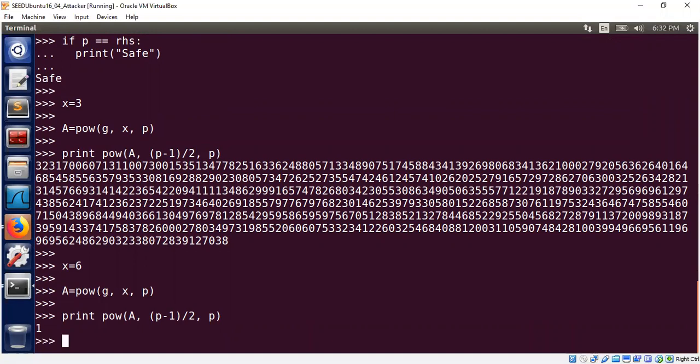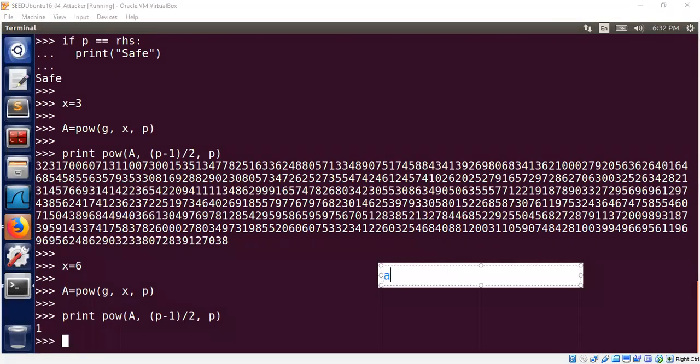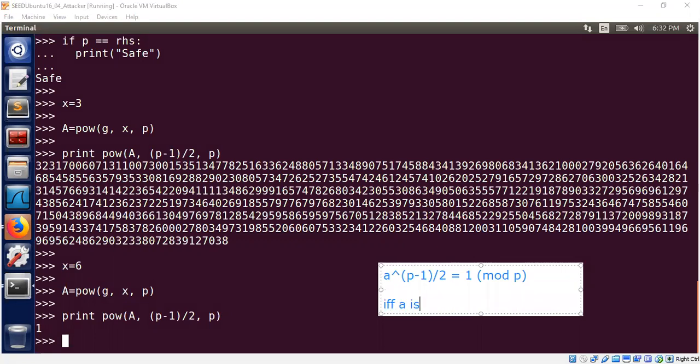Otherwise, we wouldn't have gotten 1. This is an if and only if condition. According to Euler's theorem, if a to the power (p minus 1)/2 is congruent to 1 mod p, then we can be sure that a is a quadratic residue, meaning it must be possible to express a as a power of 2. Okay, that's basically what we are trying to say.